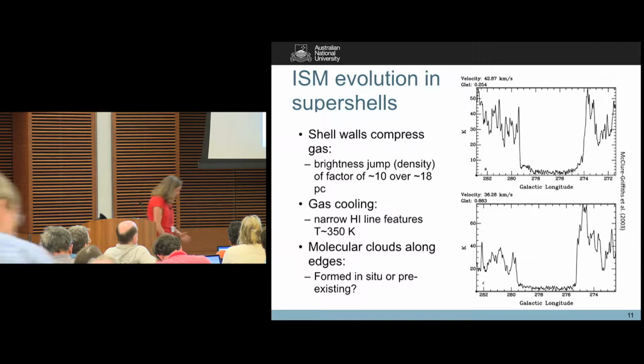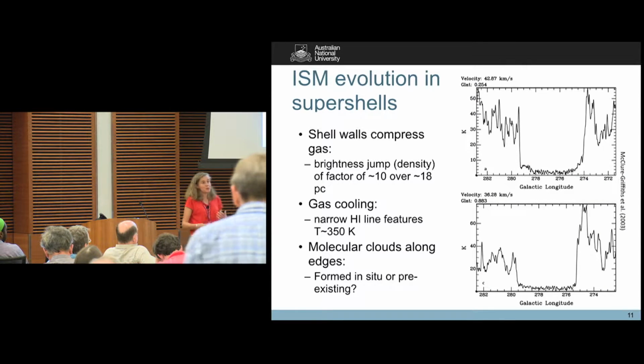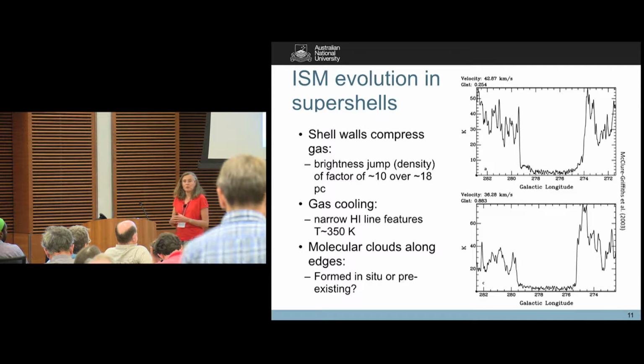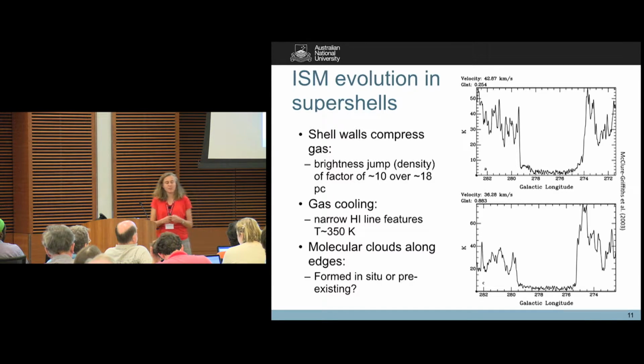They're the perfect laboratory for studying ISM evolution because they do all kinds of wonderful things. They blow out of the disks of galaxies. They also pack the gas together so that it can cool and condense, so you can see the entirety of ISM evolution in these particular objects.